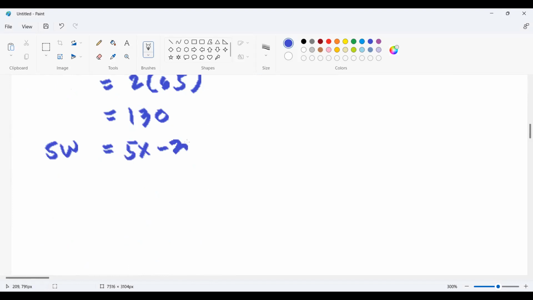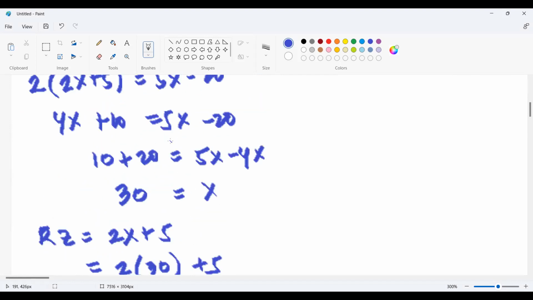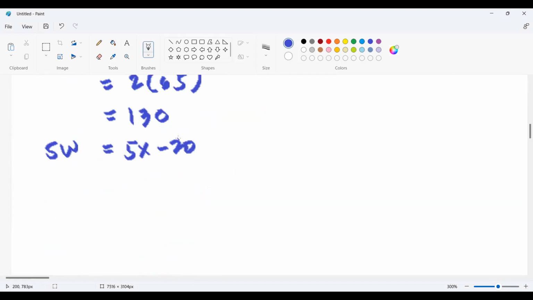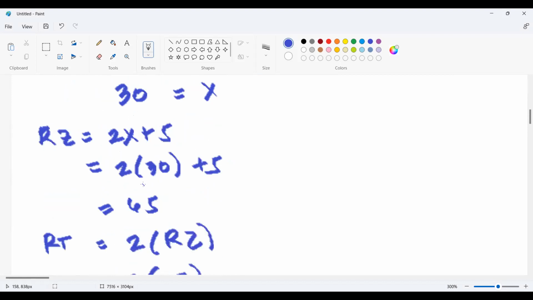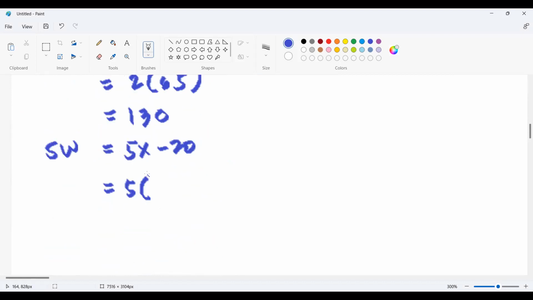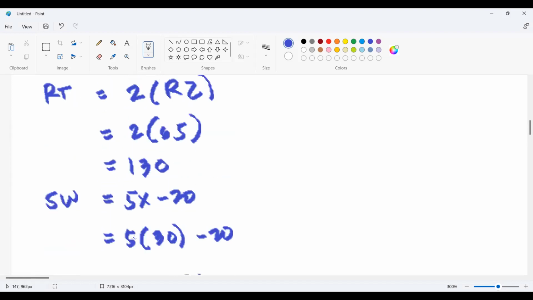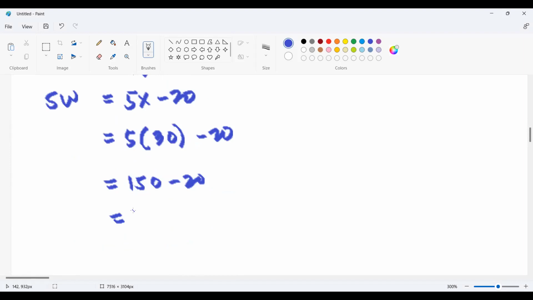When I substitute the value of x, which is 30, 5 times 30 minus 20 is 130.